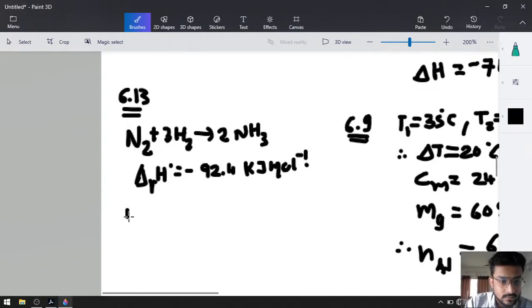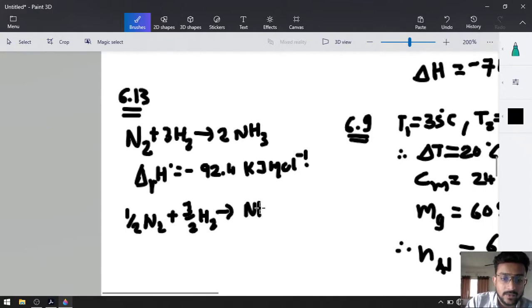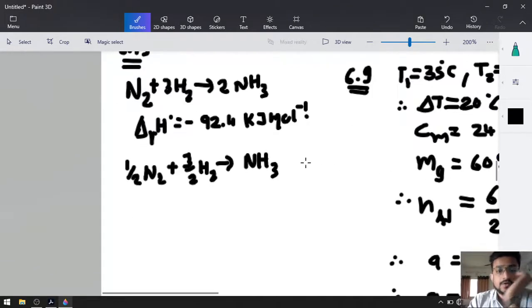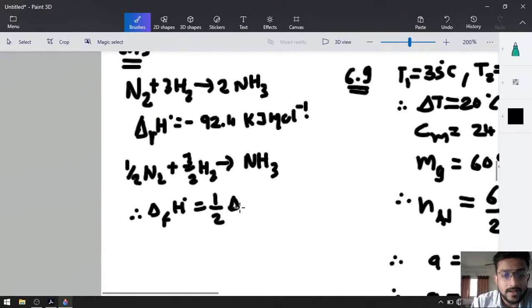So 1 by 2 N2 plus 3 by 2 H2 will give me NH3, the formation reaction of NH3: 1 mole of product, all reactants in elemental form. So this is simply divided by 2, that's why delta F H naught, this is a 1 marker question, is equal to 1 by 2 of delta R H naught.